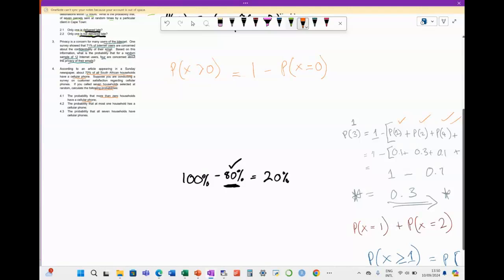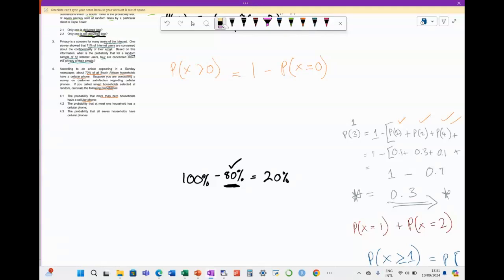Because basically we're saying we want any other outcome other than X equals 0. What is the probability of those events? So the easiest way is to calculate the probability of 0, then just subtract it from 1. So the probability of X equaling 0, how do we get that?